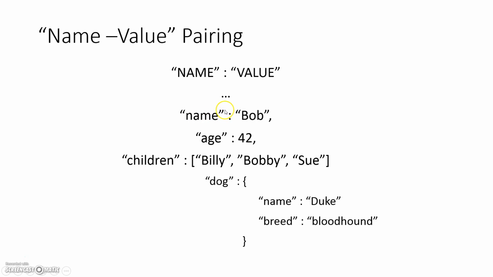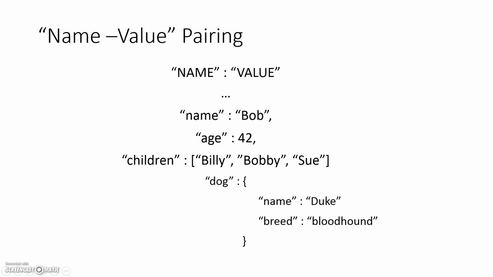So we would want that person to have a name. So on one side, the name of this field is name, and the value of this field that's attached to name is Bob. So we have this person's name is Bob, and because Bob is a word, this value is put in quotes.